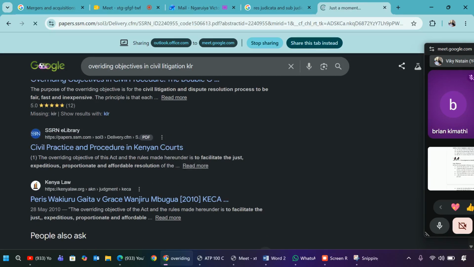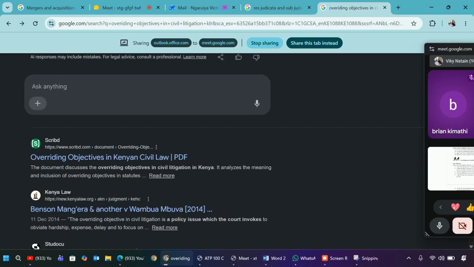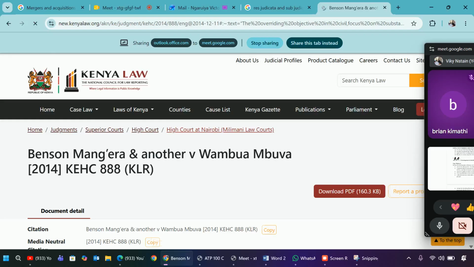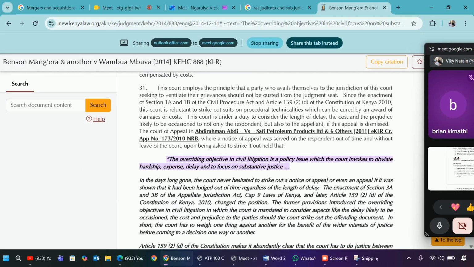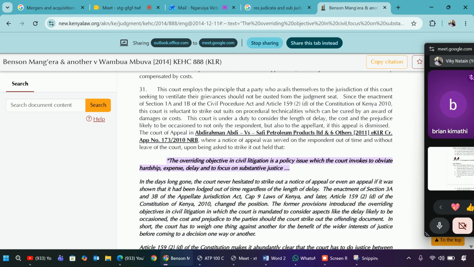There are some decisions to this effect. Let me see how the court has interpreted the same. So here the court says that the overriding objective in civil litigation is a policy issue which the court invokes to obviate hardship, expense, delay, and to focus on substantive justice.